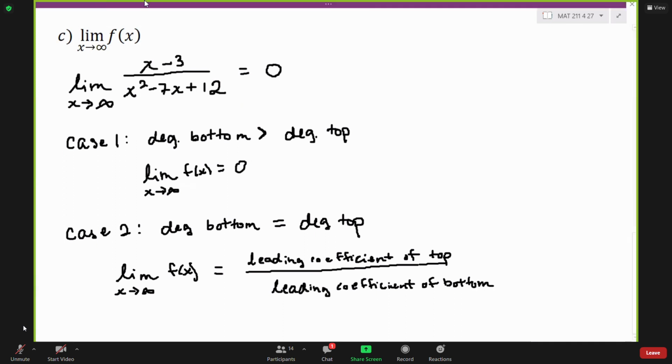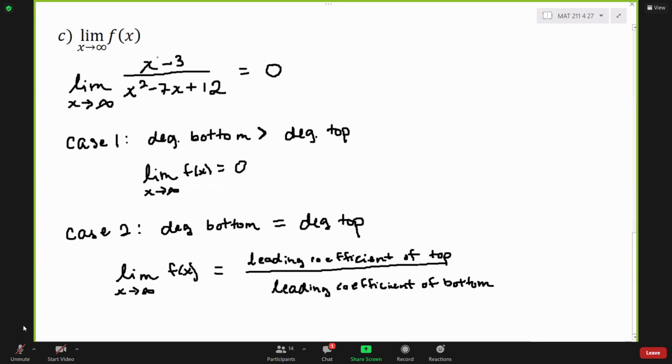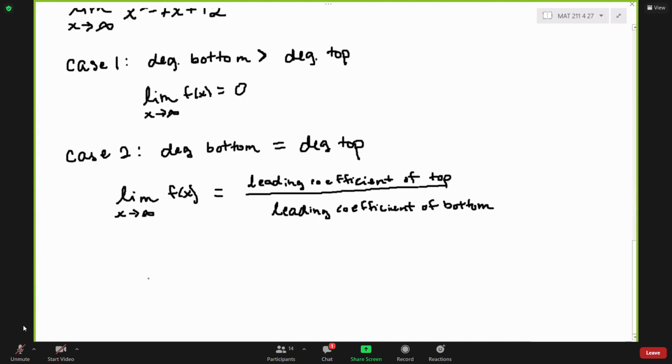So that's where, if this were an x squared on top, then we would have the same degree on the top and bottom, and we would just take those coefficients from in front of each of the highest power of x's. And that last case is where the top is bigger.